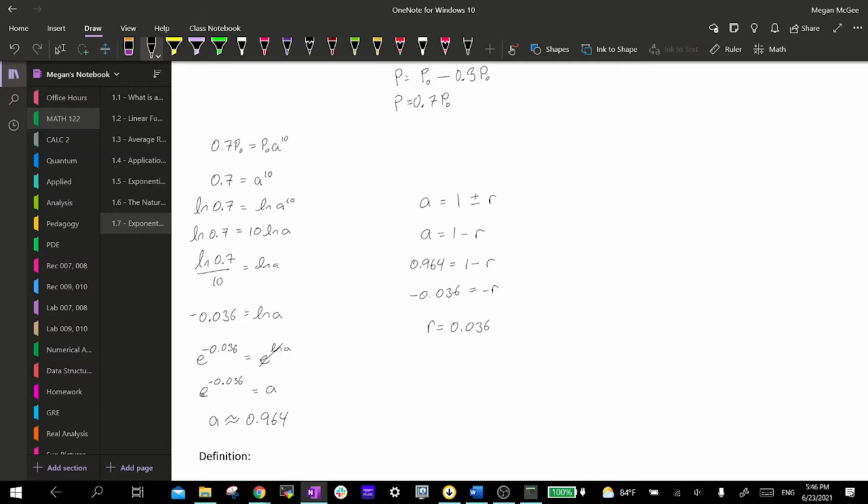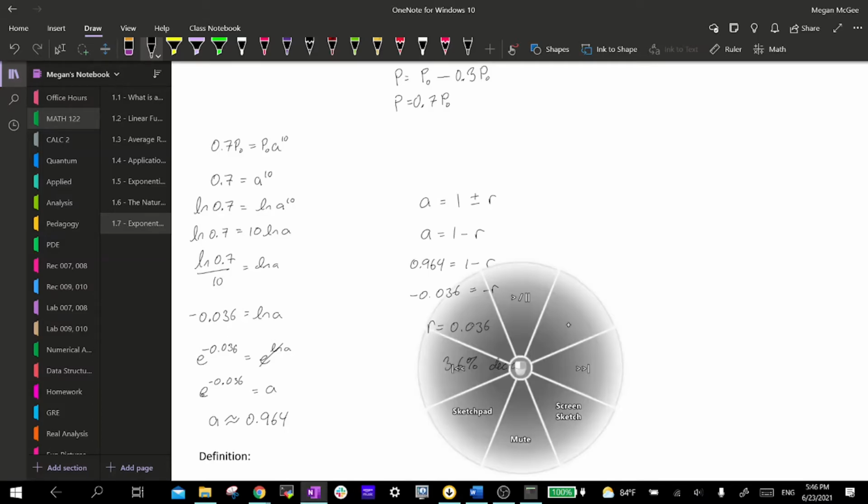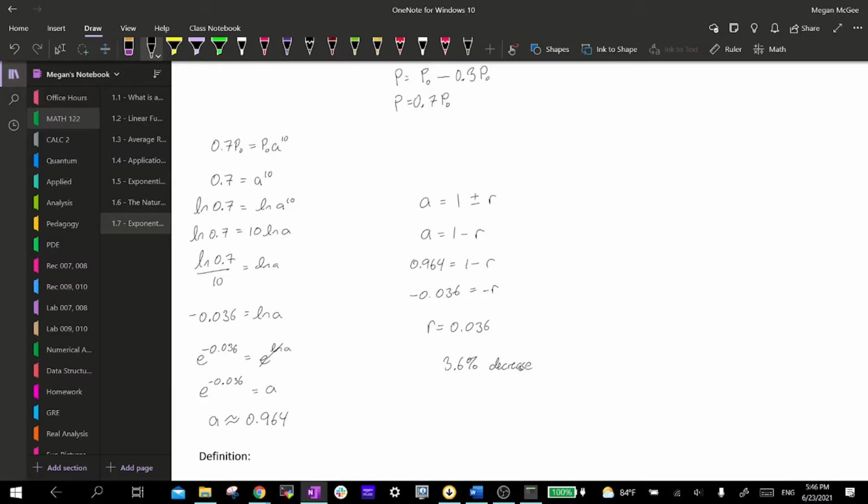And if we go ahead and write this as a percent, that means we have a 3.6% decrease annually. So no matter what initial investment we started with, we can still do all of this figuring and find that we have a 3.6% decrease.